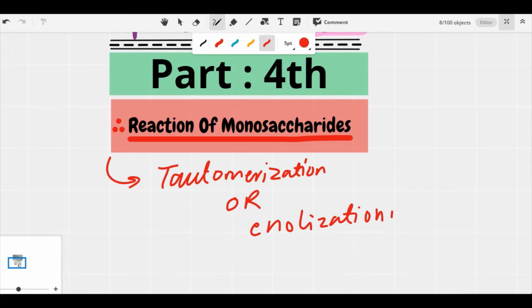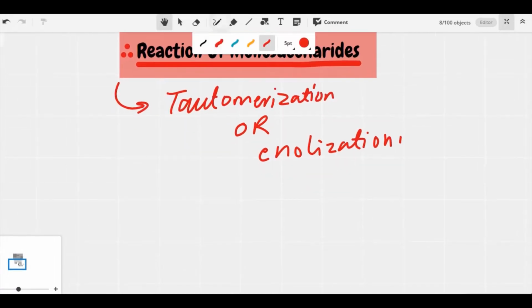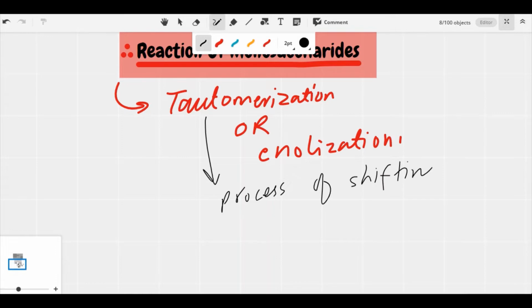Okay, as you know, tautomerization is defined as the process of shifting a hydrogen atom from one carbon to another.